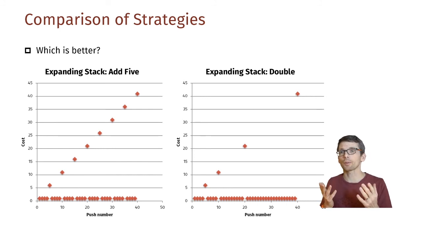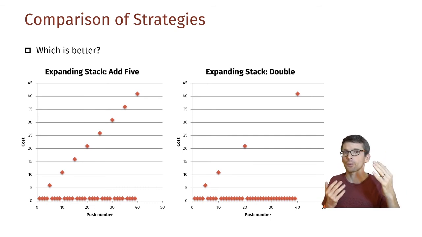In the doubling strategy we have the same, but we already see from these graphs that the doubling strategy seems better because this linear running time happens less frequently.